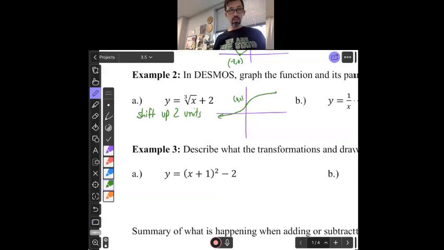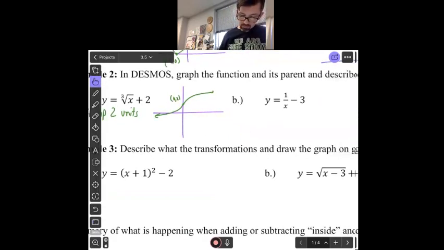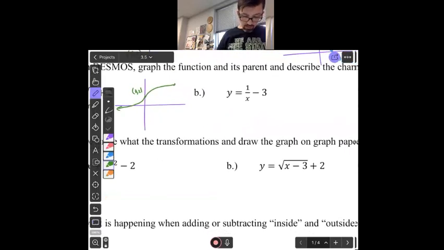It should look like a really stretched out S for the cube root. The 1 over x minus 3, that was a shift down 3 units.